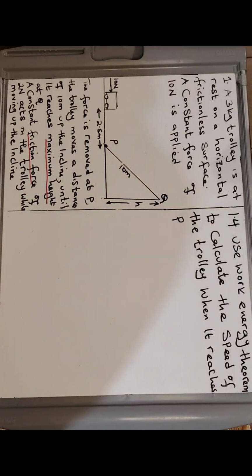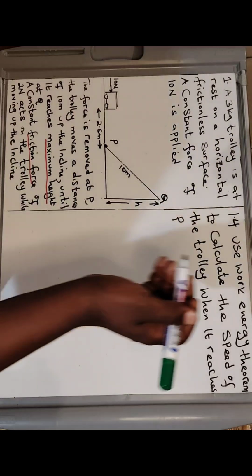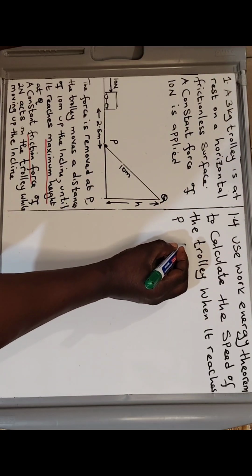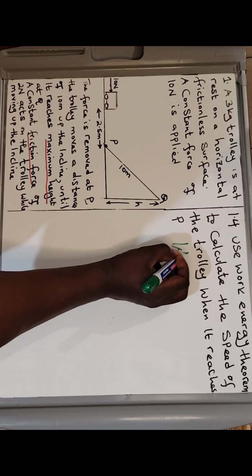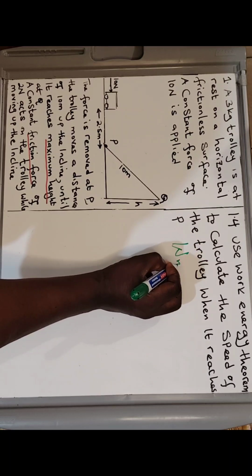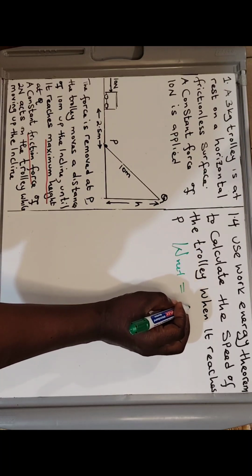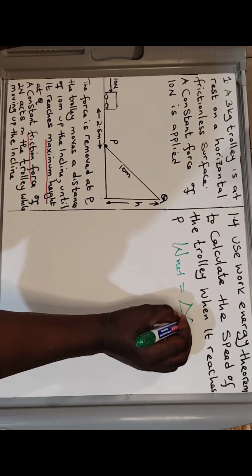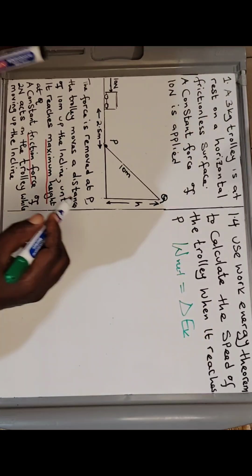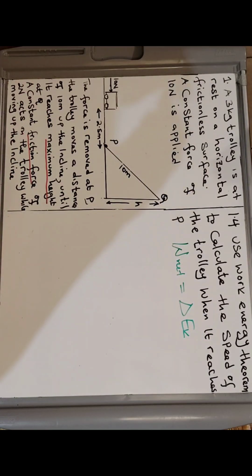When you're tackling this question, it's very important to know that your first reward comes when you actually use work energy theorem. So it comes as: net work done is equal to change in kinetic energy.